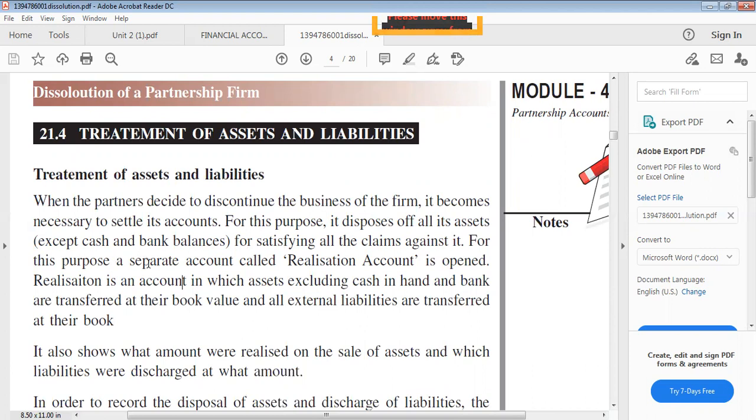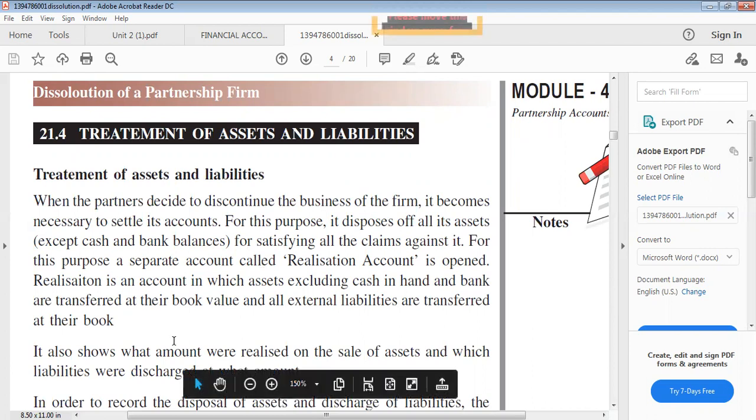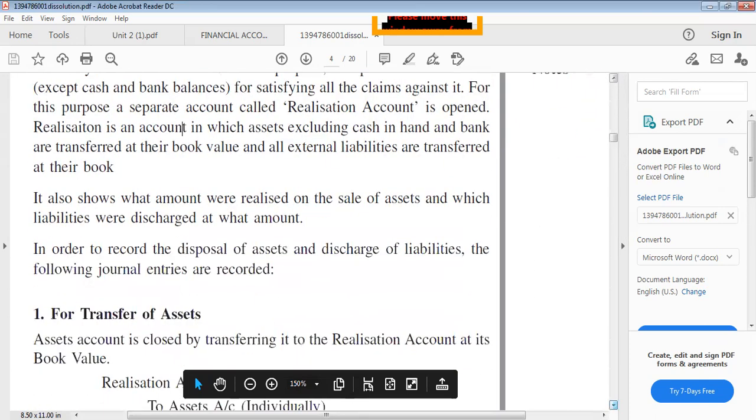For this purpose, a separate account called realization account is opened. Realization is an account in which assets excluding cash in hand and bank are transferred at their book value, and all external liabilities are transferred at their book value. Right?